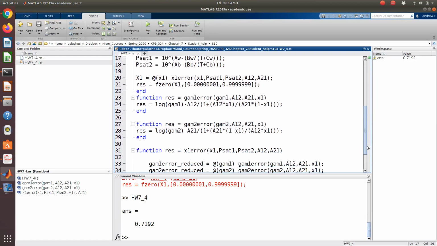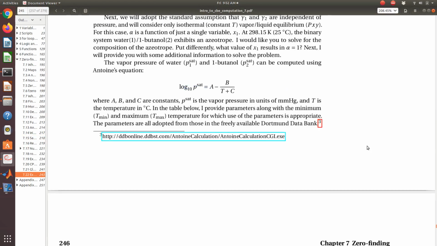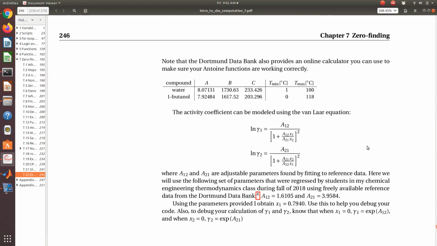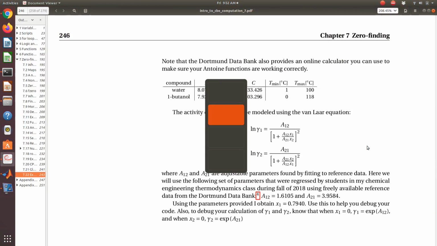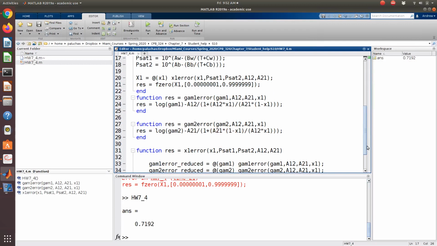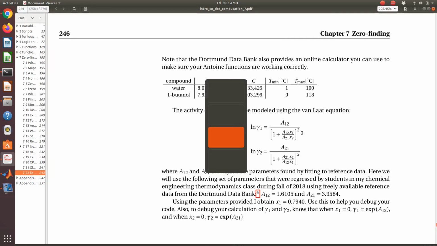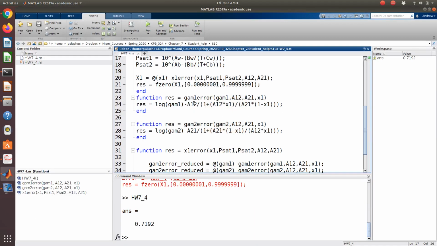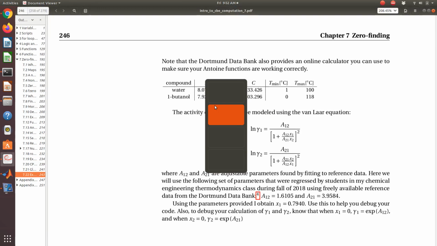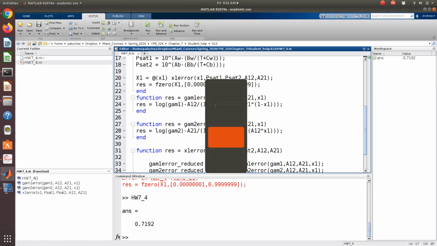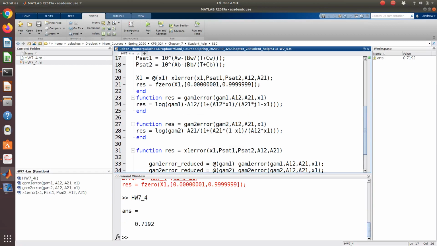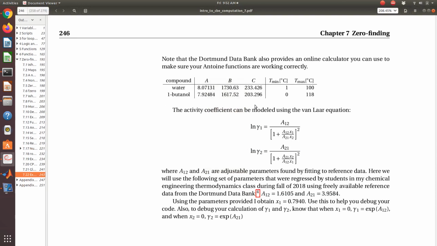Let's look at Van Laar real quick. Oh, looks like it's in my Van Laar equation, right? Because even just looking here, there's a squared term, which we don't have. So A12 divided by 1 plus A12x1 divided by A21x2.